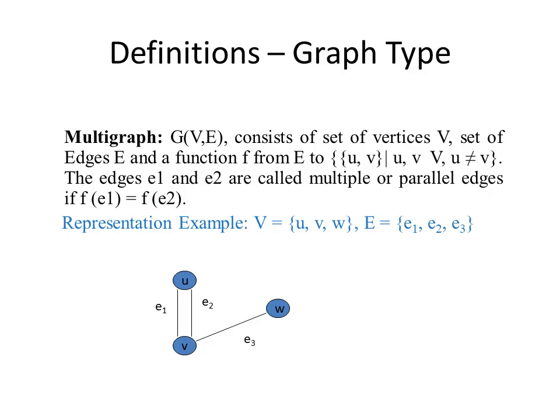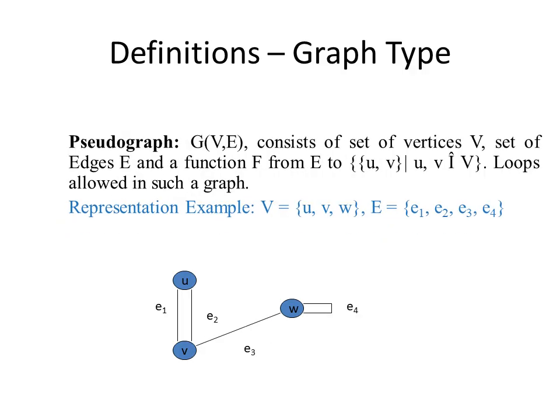So the representation of that example has 3 vertices u, v and w, and edges e1, e2 and e3. u and v are connected with multiple edges, e1 and e2. So it is known as a multigraph.